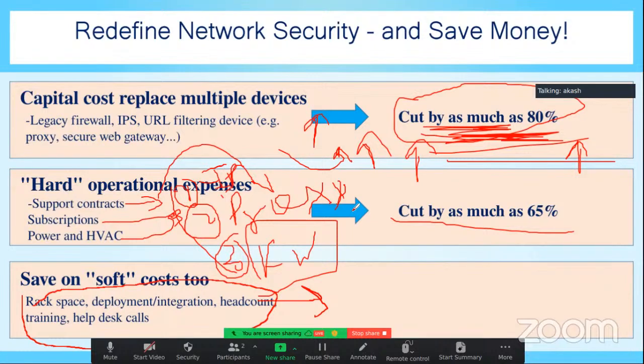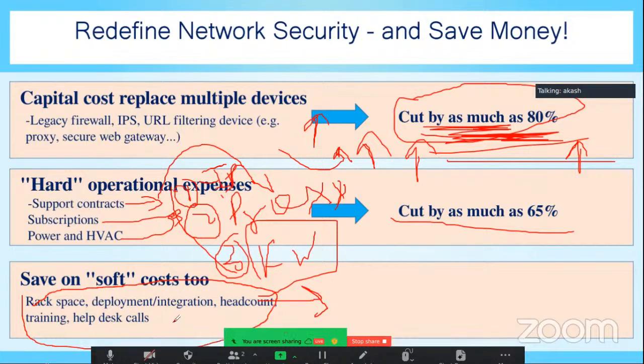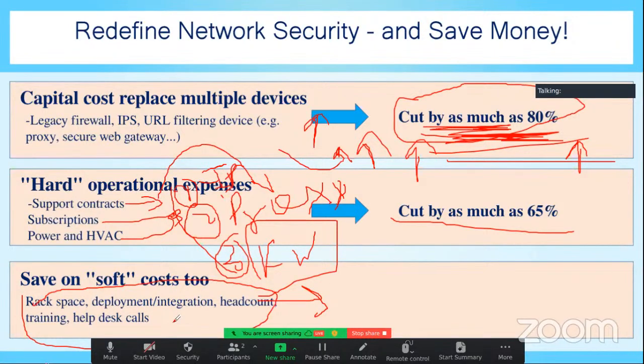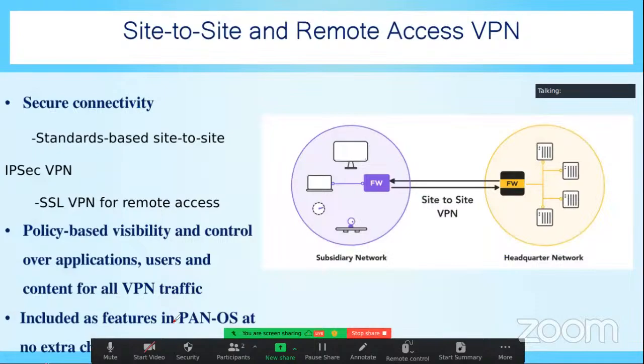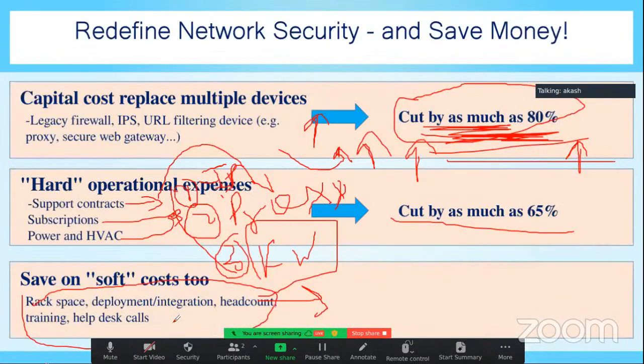Just like if the proxy server goes down, most of the URLs will not be accessible, or anyone can access any URL, right? This is an issue for the organization.